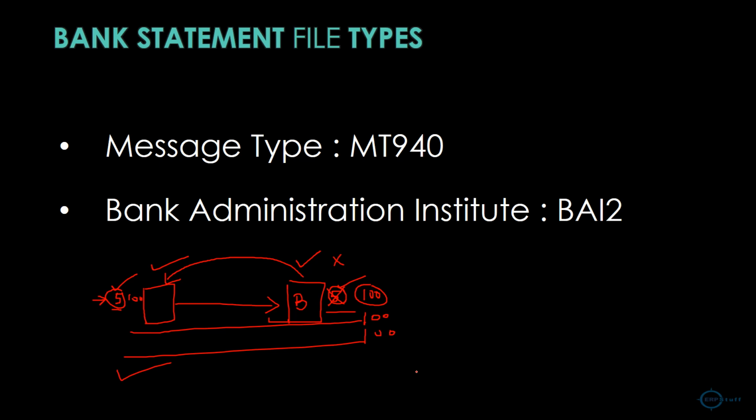Now the question is, in which format can we receive these statements? We can import them into the ERP, sorry, not the bank, into the ERP. These are the two widely or globally used formats: this is from SWIFT, MT940, and this is BAI2.